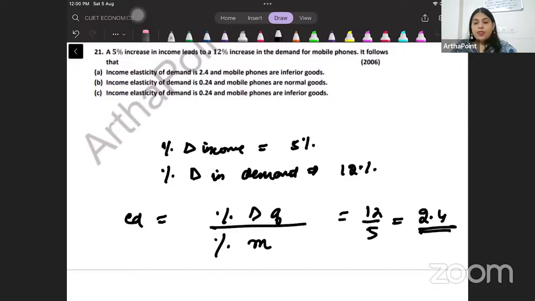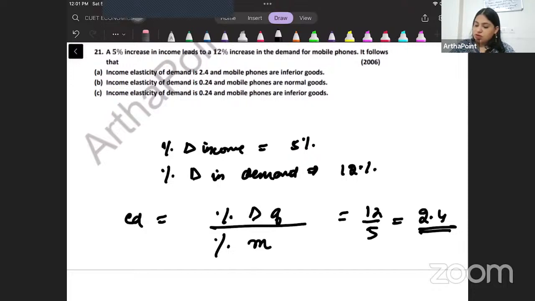Now, the question is whether it is a normal good or not. So beta, think that with increase in income, the demand of mobile phone is increasing. It has to be a normal good. It cannot be an inferior good. So the answer to this question is that it is a normal good and the elasticity is 2.4.